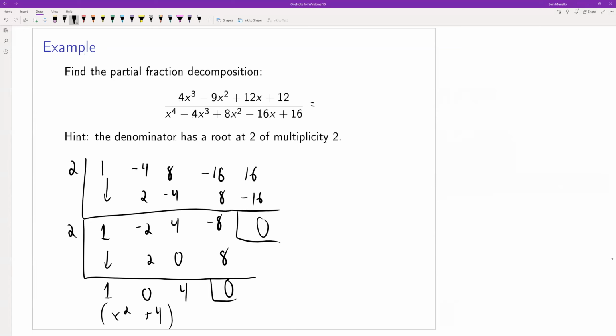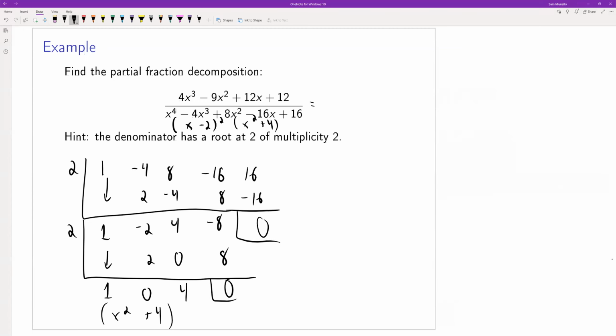So that means that our fraction has a denominator that factors out into (x minus 2) squared times (x squared plus 4). Now, x squared plus 4, we could factor further by using complex values, but we're not going to.